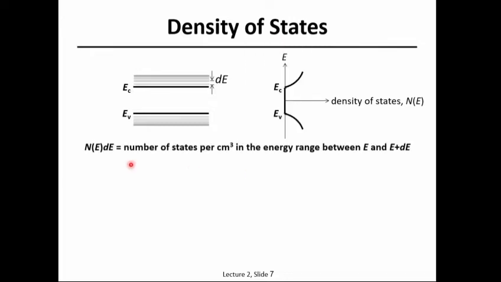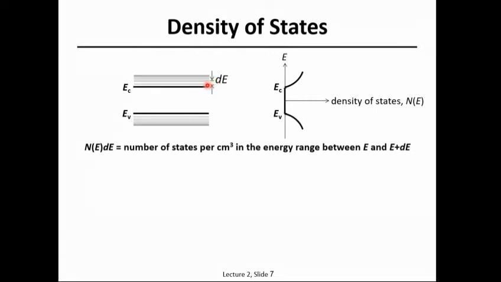What I'm saying is that N of E dE, okay, N of E is the density of states. So N of E dE is the number of states per cubic centimeter in the energy range between E and E plus dE. So I'm going through energy.